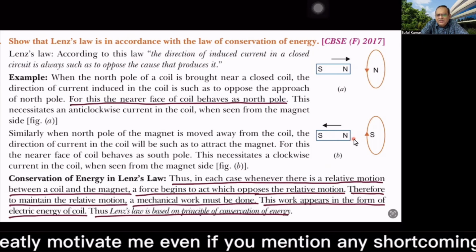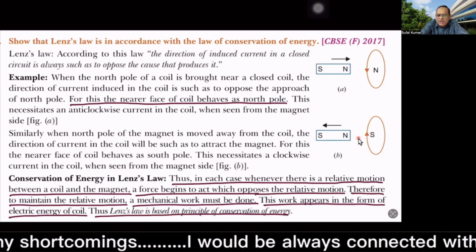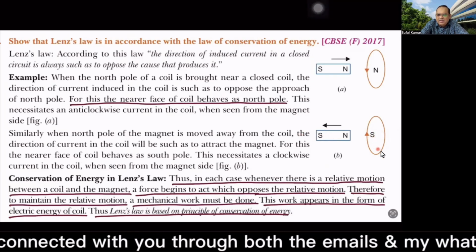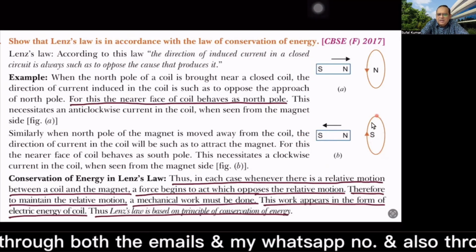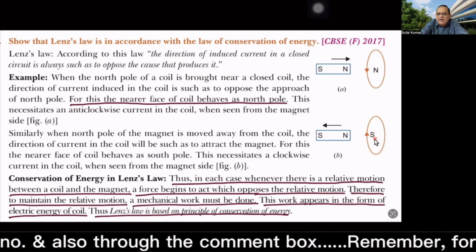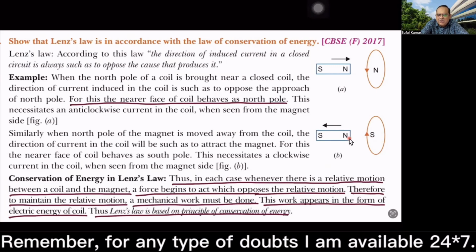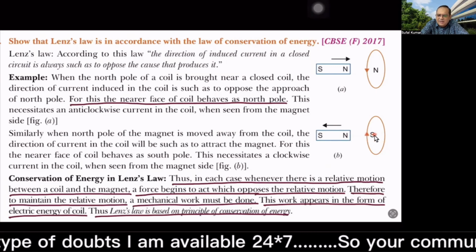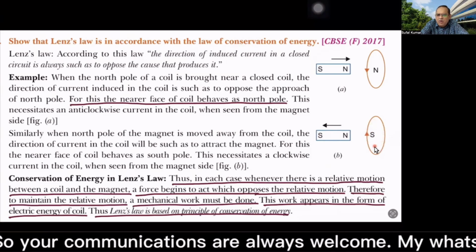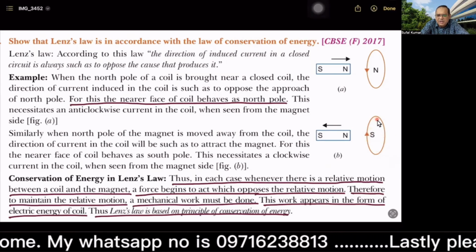In another situation, suppose this time the north pole is going away from the coil. Then the coil will induce current in such a way that it will try to attract this north pole which is going away. For that it will have to generate a south pole, and for a south pole clockwise current should be there.